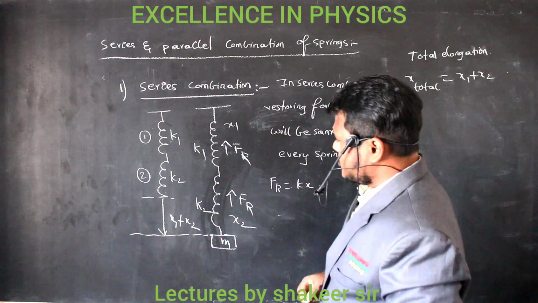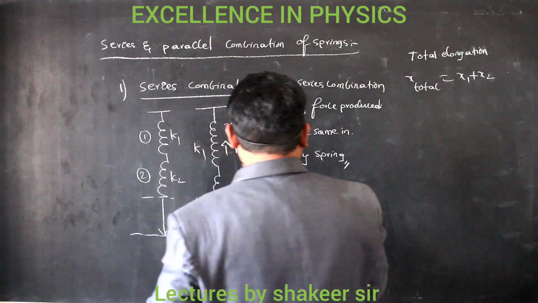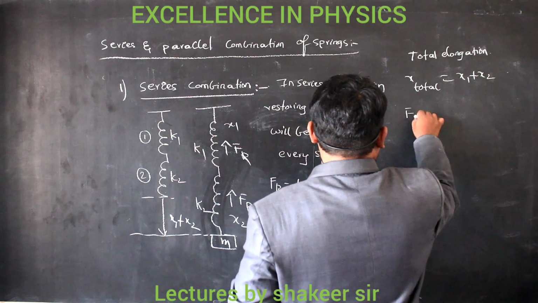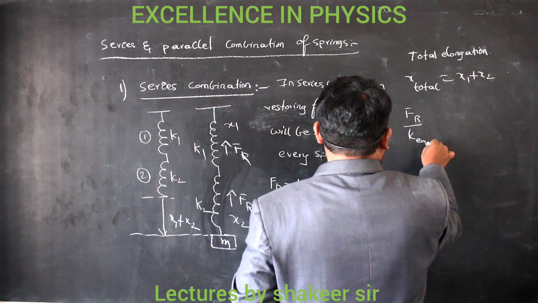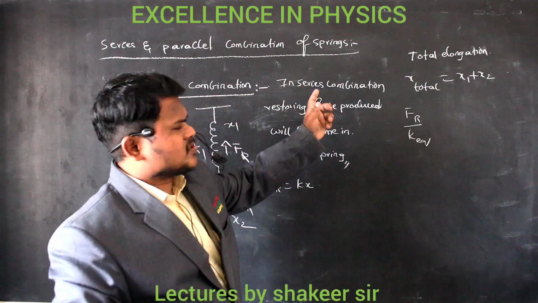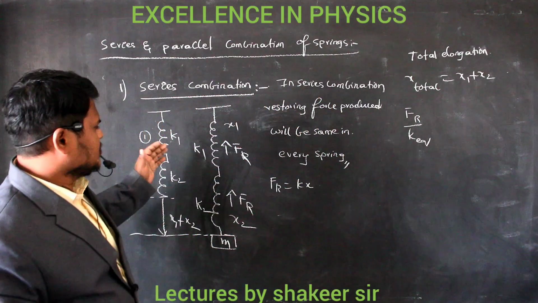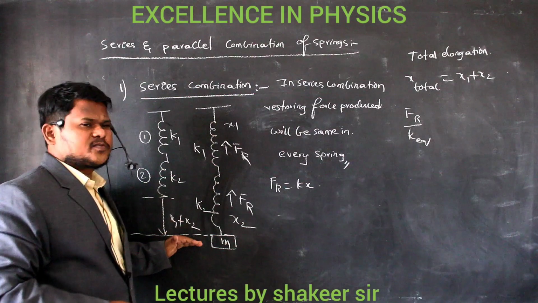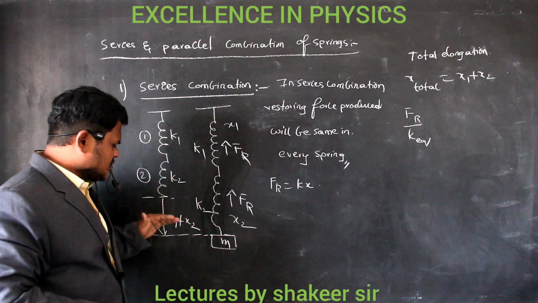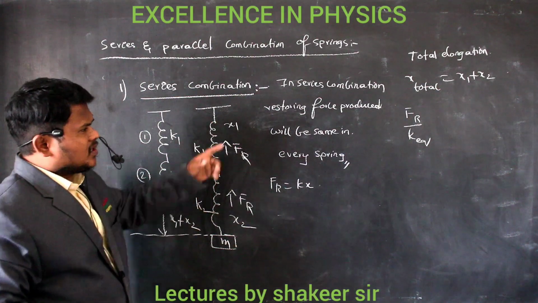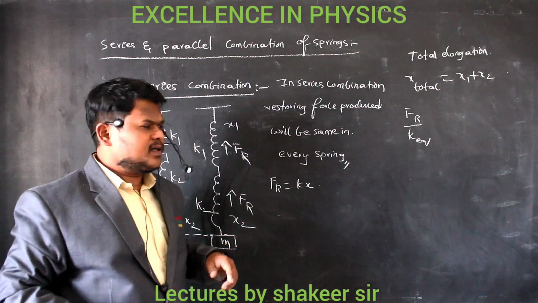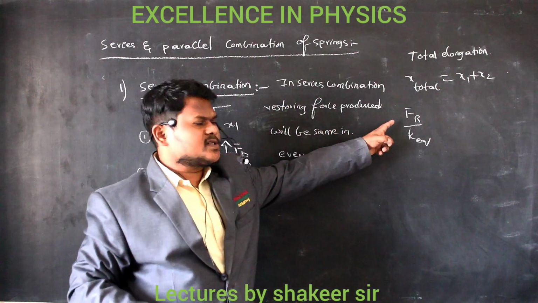And what is meant by k total? K total can be written as Fr divided by k equivalent. What is meant by x total? X total is the total elongation produced in the spring. If I consider this total spring as one spring, then total elongation will become x total. And throughout the spring restoring force is Fr only.